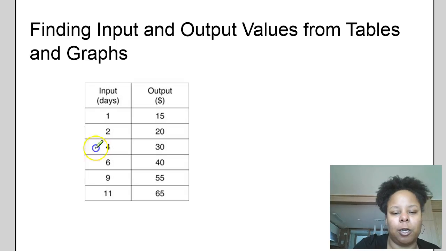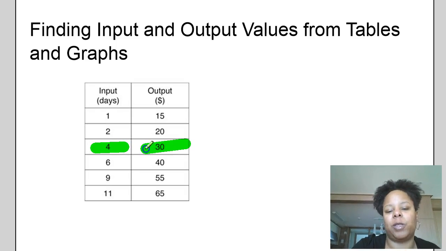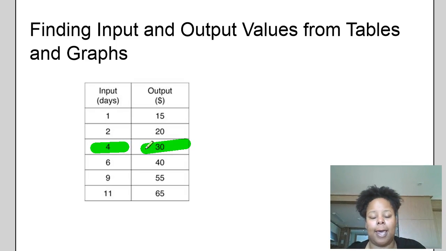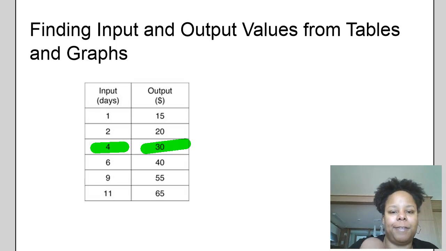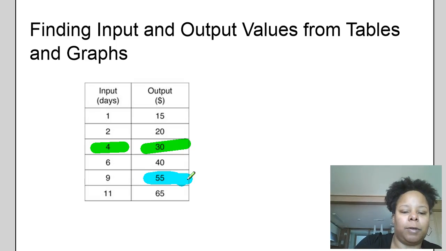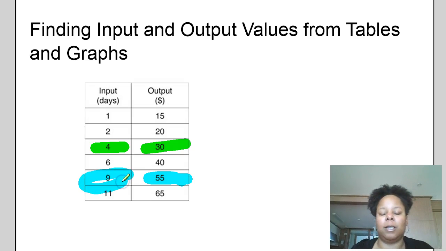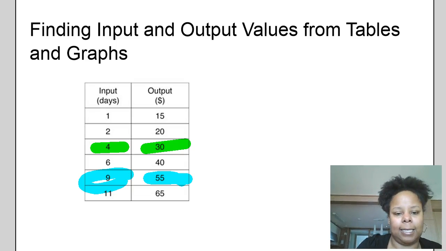I just find 4, and then I can determine the output by looking to the right. And what if they ask, what number of days will give you $55? I go and find $55 in the output column, and then the resulting answer is to the left, which is the input. That's easy enough, but what if I want a value that is not in the table?